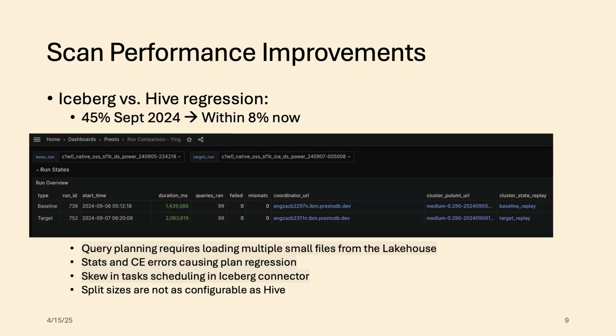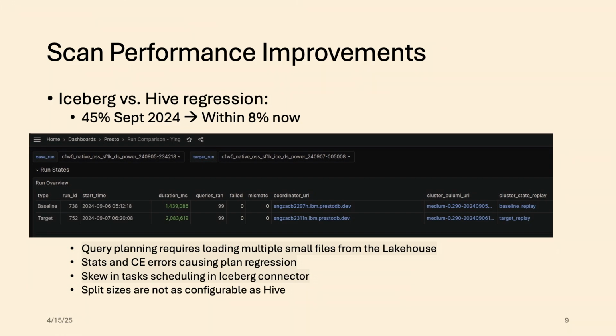Our team worked really hard and we have fixed this regression. When looking at this regression, we first noticed a very long Presto query planning time, in seconds or even minutes. We also noticed a plan difference between Iceberg and Hive.